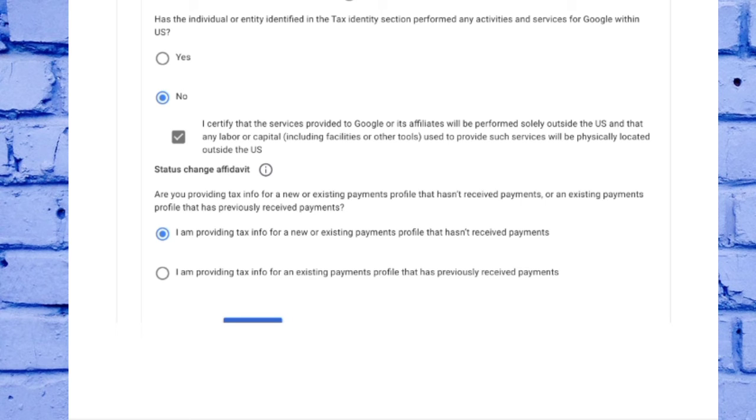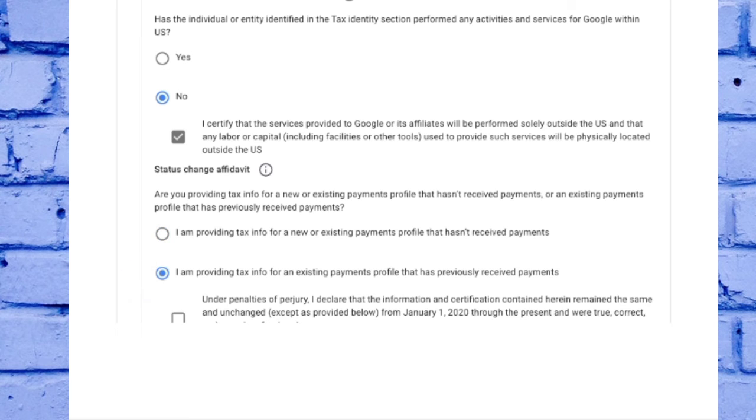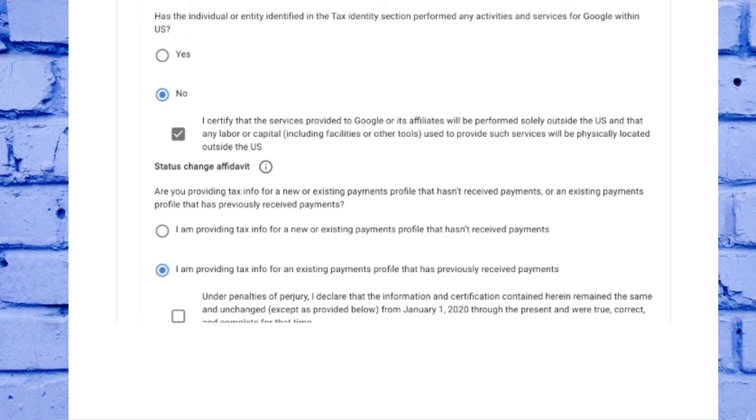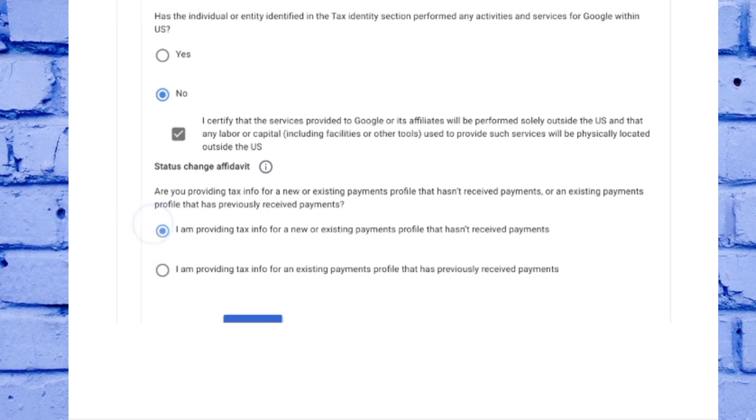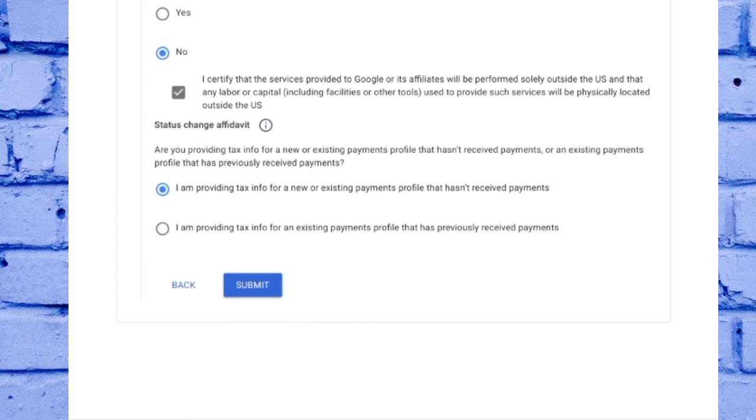Pero kung naka-receive na kayo ng sahod kay YouTube, so dito kayo mag-check sa second option. Yan. So sa akin, hindi pa ako naka-receive ng sahod, so dito tayo sa providing tax info for a new or existing payments profile that hasn't received payments. So, submit na to. O, review muna natin, ha.